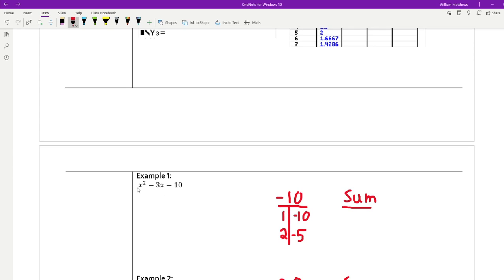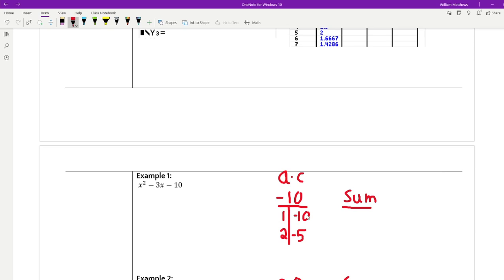We have an a value of 1, a b value of -3, and a c value of -10. If we do our a times c like we normally do, we're just left with our c value, which makes this a whole lot easier.